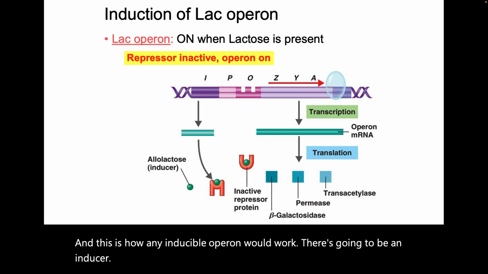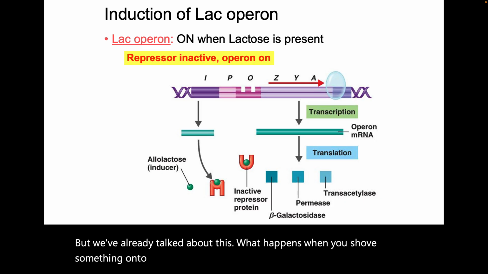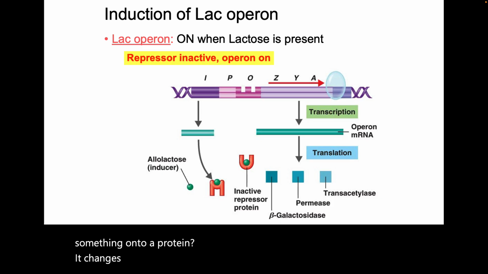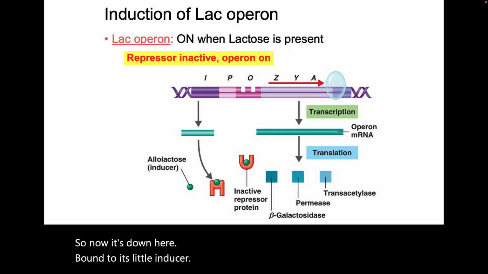But we've already talked about this. What happens when you shove something onto a protein? It changes shape. You shove an inducer onto the protein, it changes shape. And so now it's down here, bound to its little inducer. And here goes RNA polymerase. So now RNA polymerase can transcribe.